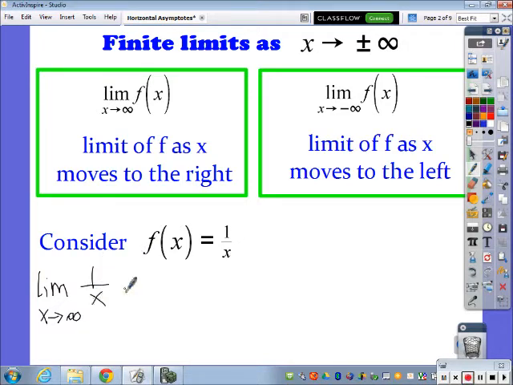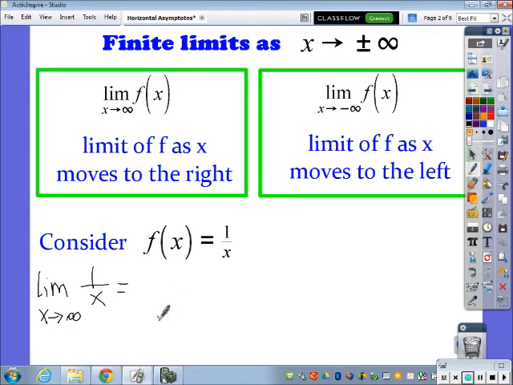What we're actually asking is, as x moves to the right through an infinite number, what is the end behavior? Is it approaching a set value?